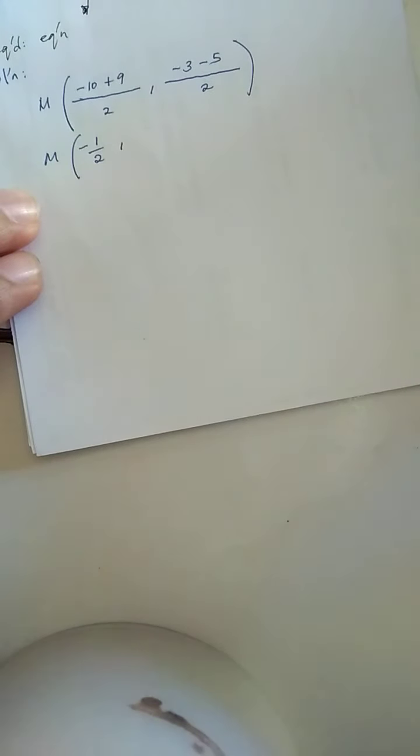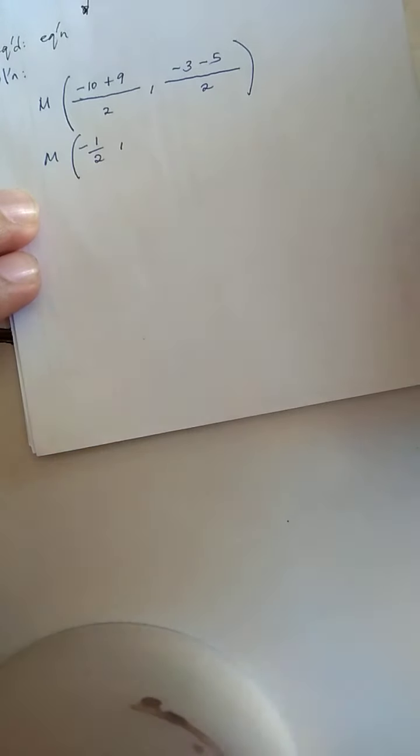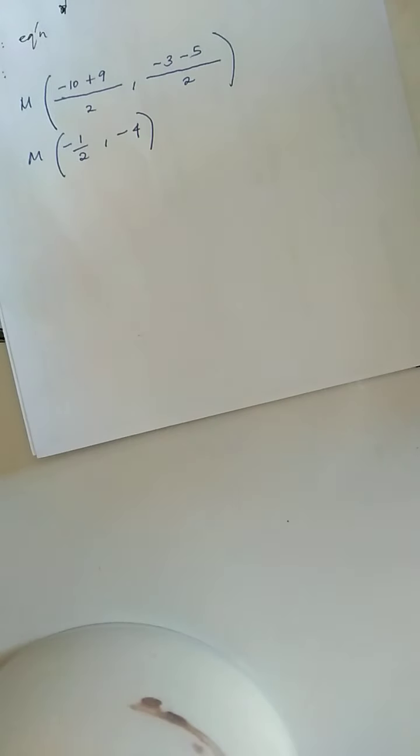So our midpoint therefore is: (-10 + 9)/2 is -1/2, and on the other side, -3 - 5 is -8, divided by 2, so that's -4. Okay, we have our midpoint.